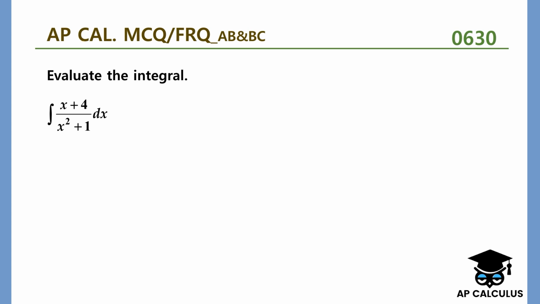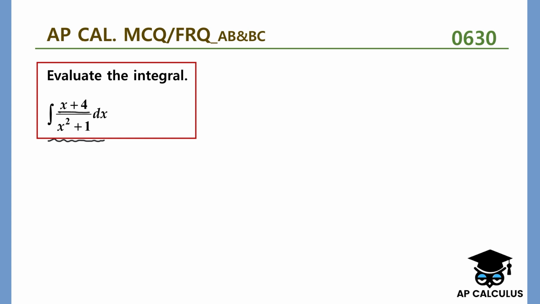Question 630. Here we have indefinite integral in fraction form, and if the numerator has more than one term, in this case we have 2 terms, right? Then this expression always can be separated.